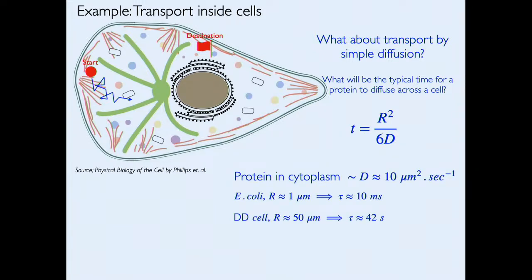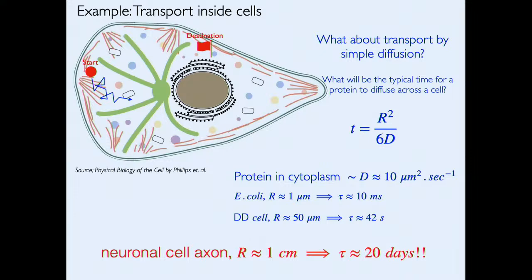If it is an E. coli cell, the radius is roughly 1 micron, so it will take around 10 milliseconds. If it is a bigger cell like Dictyostelium discoideum, it will take even longer, roughly 42 seconds. But if it is a long axon of a neuronal cell, it is going to take 20 days. So clearly, there is a problem if it was simple diffusion.